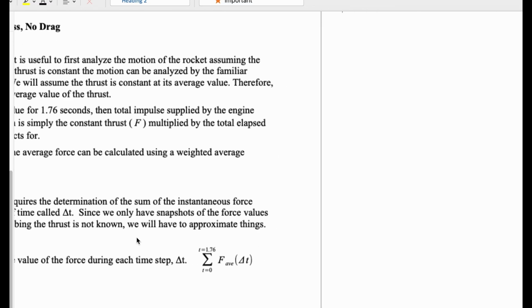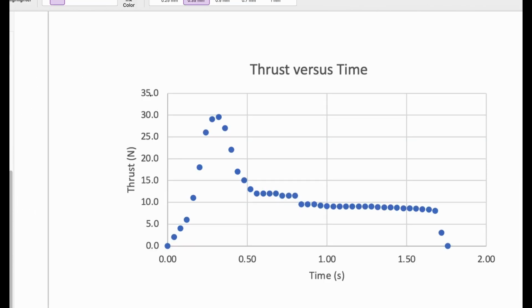So what do I mean? Let's take a look at the real graph. And it's got all these snapshots of different force values, right? Here the force is like 4 newtons. And here it's like 18 newtons.